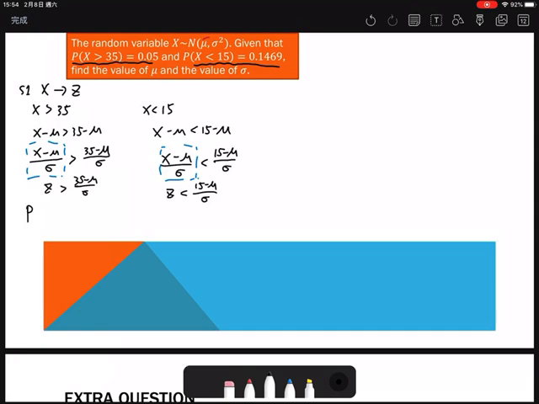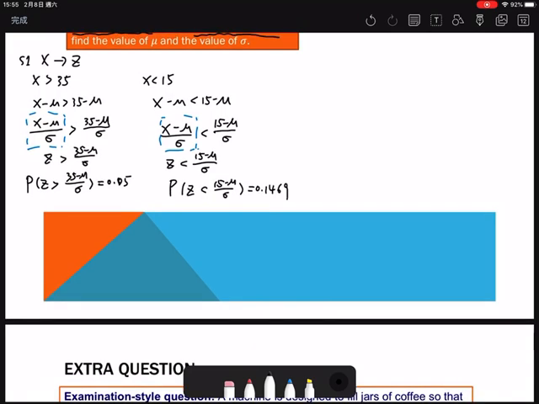And we take the probability, so P(z greater than 35 minus mu over sigma), and the corresponding probability is 0.05. And the second one is similar. All right, so these are the two new equations we can get.